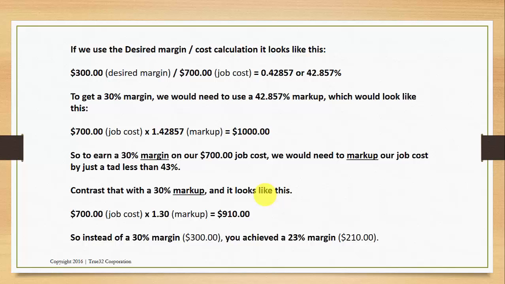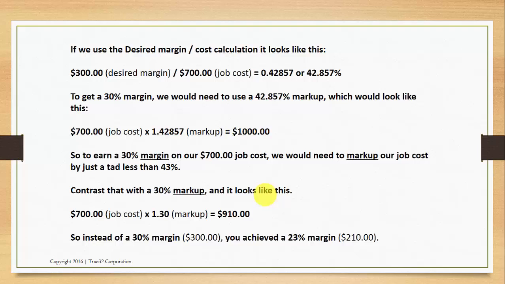To get a 30% margin, we would need to use a 42.857 markup, which would look like this: $700 job cost multiplied by 1.42857, our markup, would give us our $1,000 sales price. So to earn a 30% margin on our $700 job cost, we would need to mark up our job cost by just a tad less than 43%.